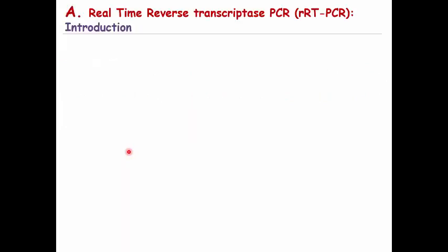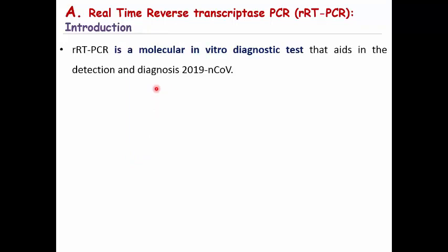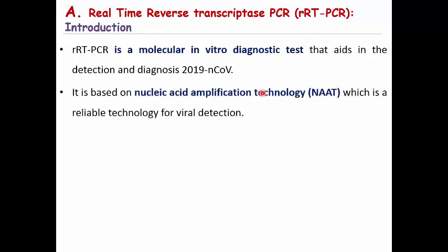that is real-time reverse transcriptase PCR, known as RRT-PCR. So what is RRT-PCR? RRT-PCR is a molecular technique, an in vitro diagnostic test which is useful for the detection and diagnosis of novel coronavirus 2019. It is based on nucleic acid amplification technology, known as NAT, which is a very reliable technology for viral detection whenever new viruses have been identified.